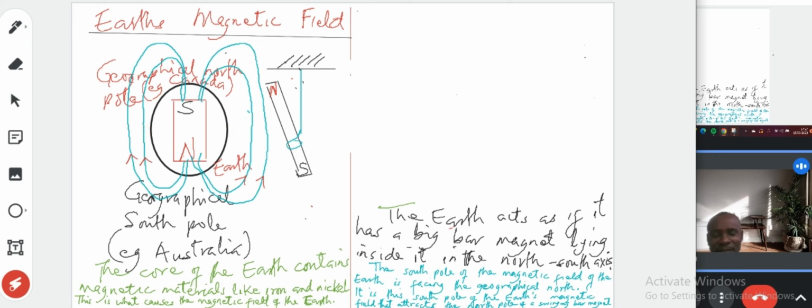So I said the magnetic field of the earth, the magnet of the earth itself, has its south pole facing the geographical north, while its north pole is facing the geographical south.